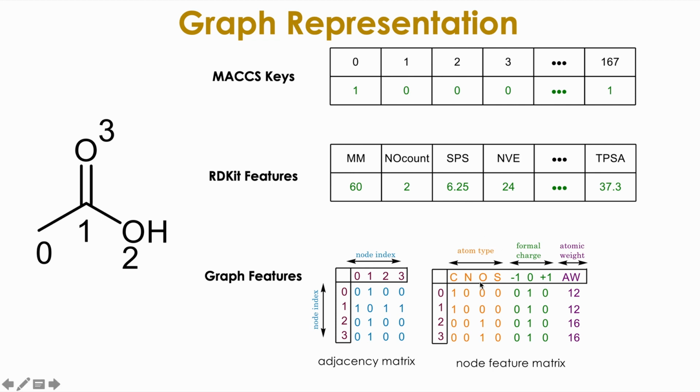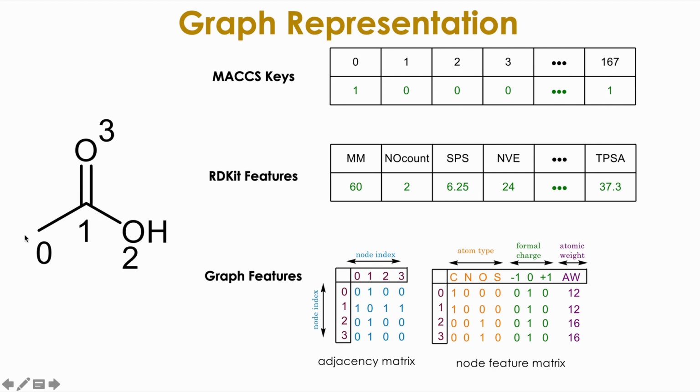Now the first property that I'm showcasing here is that of atom type. Here this is carbon, but in general we can have carbon, hydrogen, oxygen, nitrogen, sulfur, and that's what we have here. Basically we are going to one hot encode all these atoms based on the atom type.